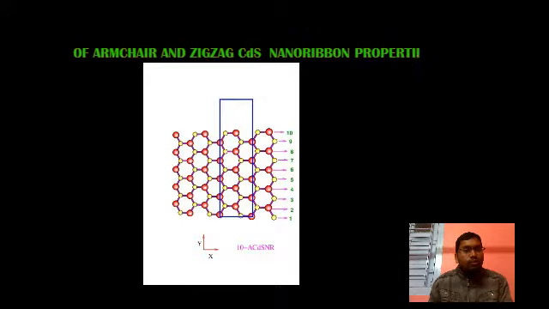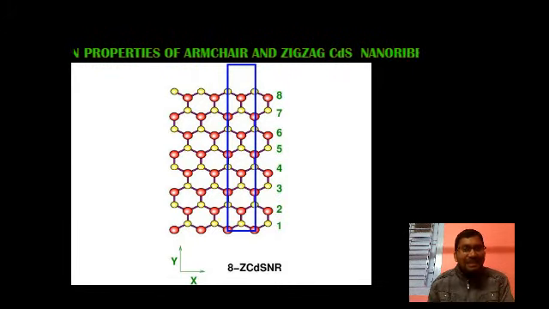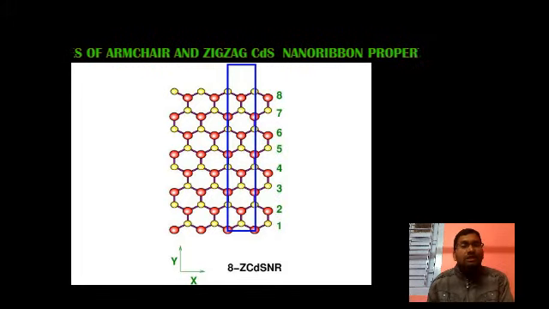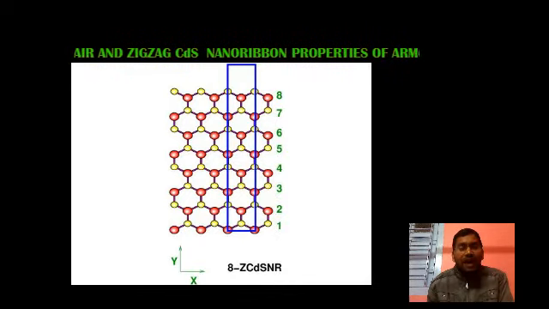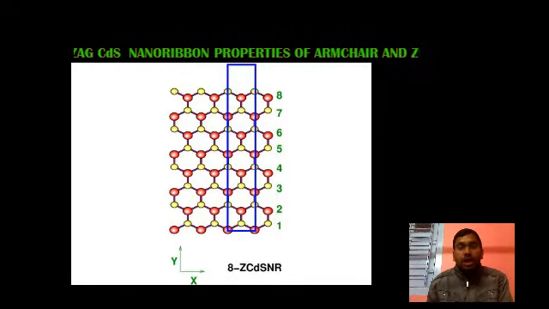Similarly, we can construct a zigzag type nanoribbon. Look, this is a zigzag type nanoribbon. Earlier was the armchair type and this is the zigzag type. You can see the edge structures of armchair and zigzag nanoribbons are totally different, and this is mainly the reason why the properties of these two types of nanoribbons are completely different from each other.